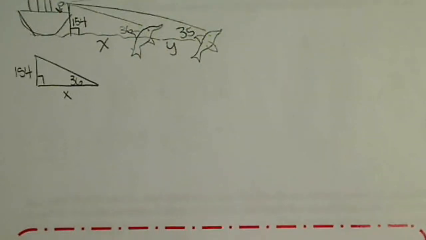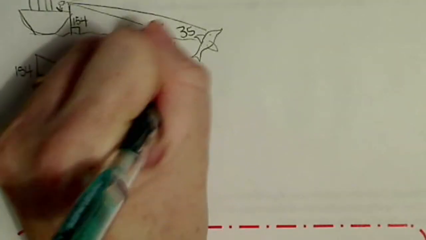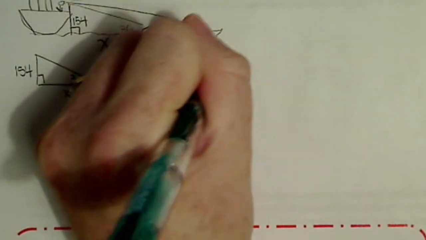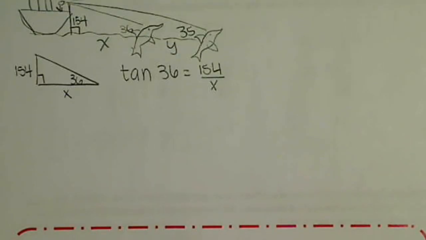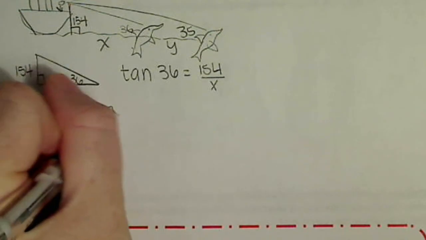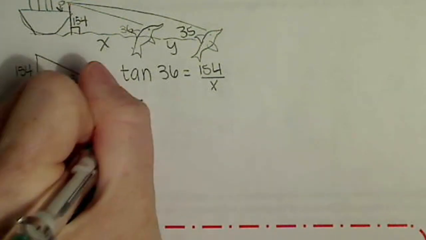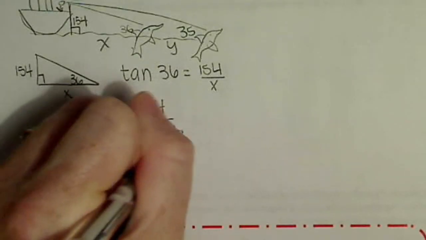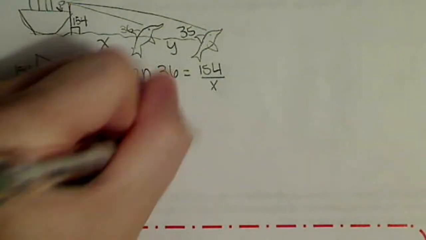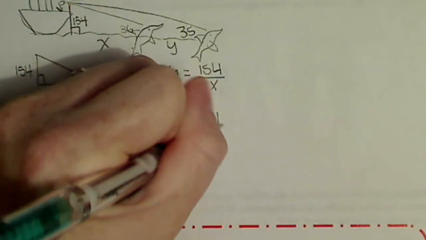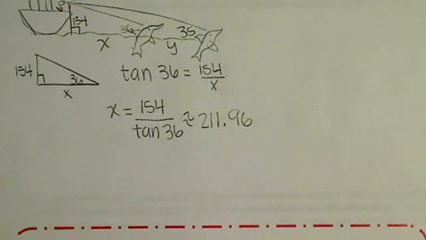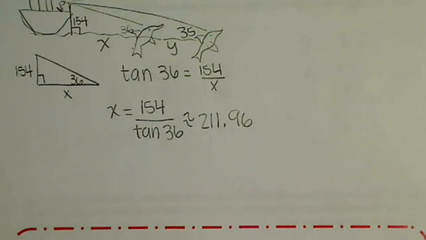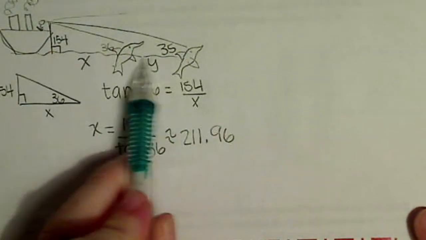So, again, I'm going to use the tangent function. The tangent of 36 is 154 over x. Okay? Let's do some rearranging. And yes, x equals 154 over the tangent of 36, which is about 211.96.